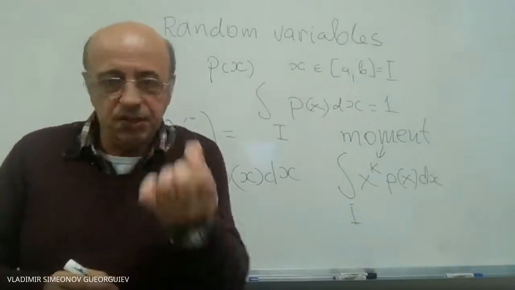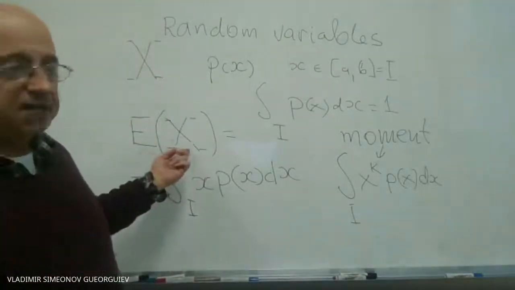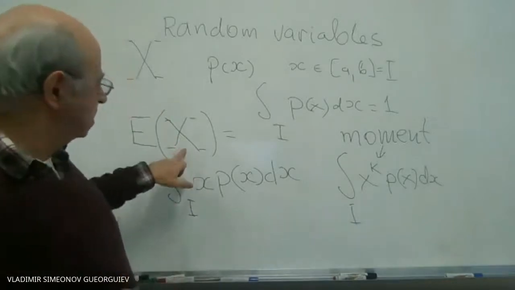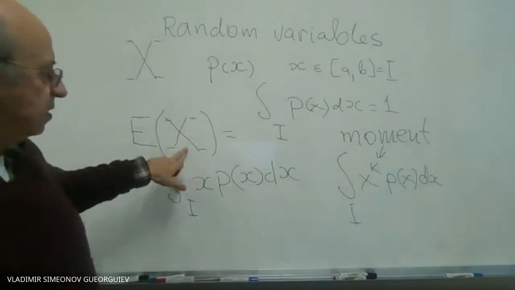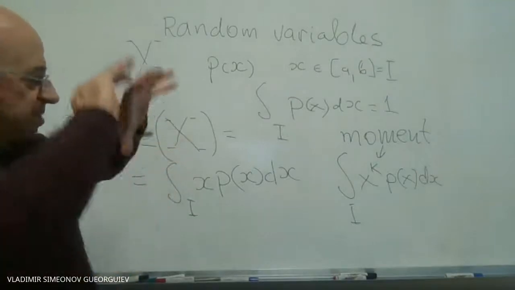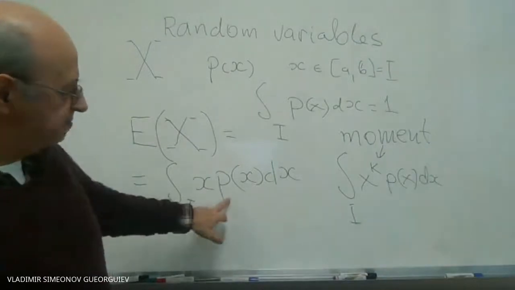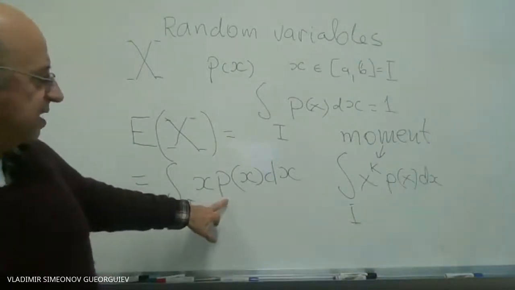So this is not a probability for x to have a given value, but something that describes the global behavior of the density of the random variable.